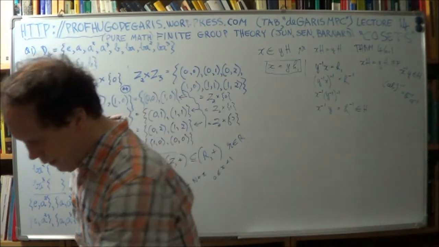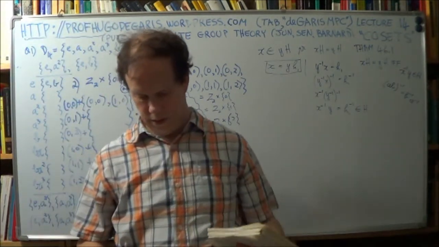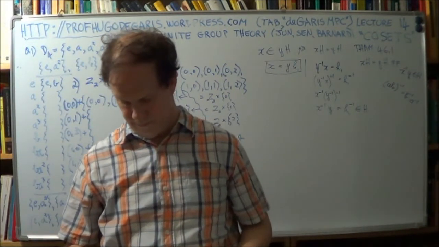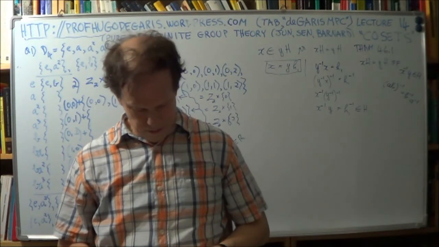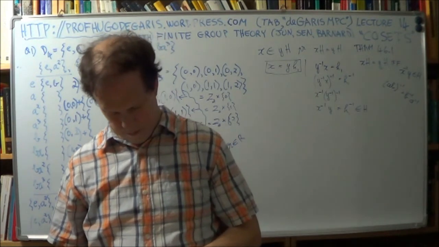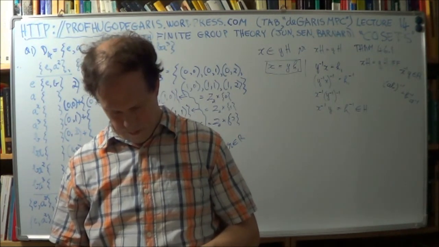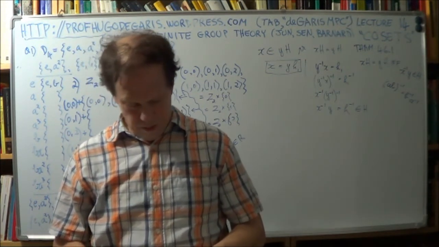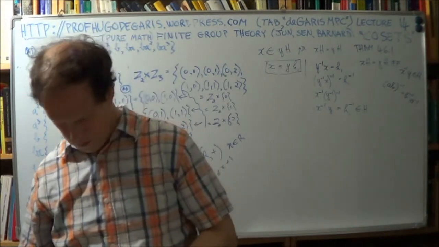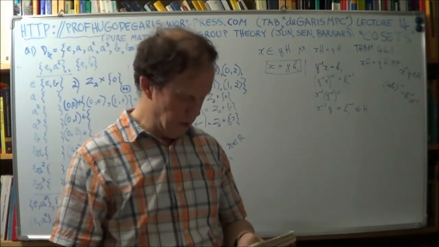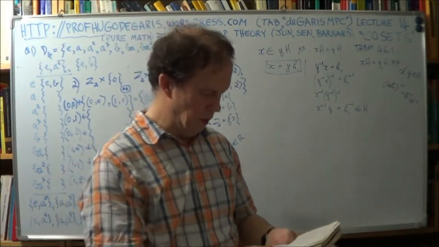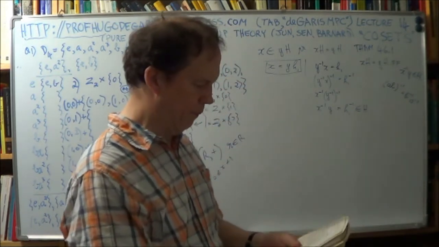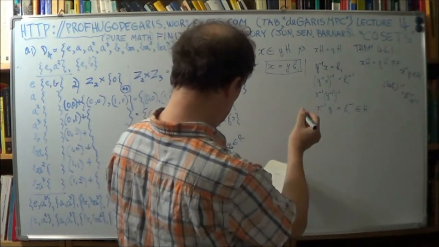Okay, and the last one, question 8, you're asked to show that the following group is cyclic. So here's your group, so it's question 8.